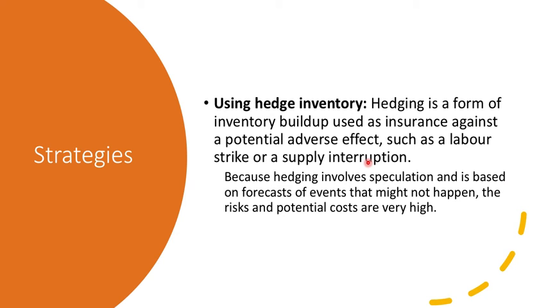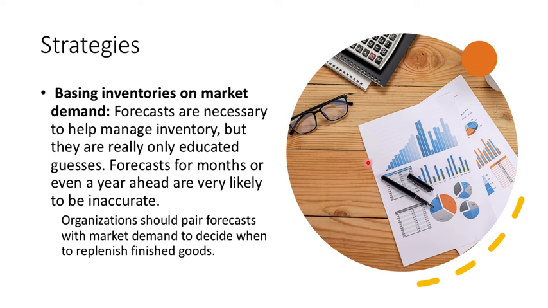But as I said in the last slide, if you use hedging, then if we have some catastrophic events or something that is not controlled in our hands and the situation goes to another side, then if we're doing hedging, we can overcome that situation.